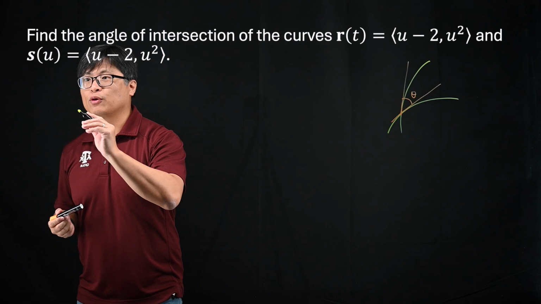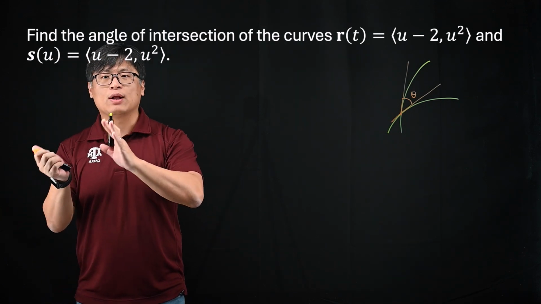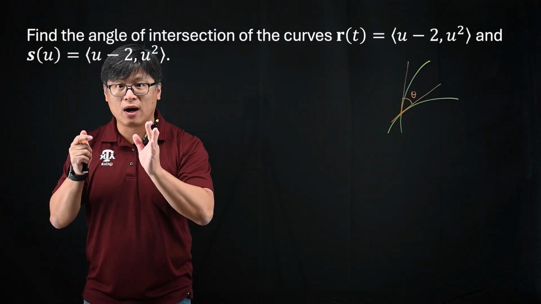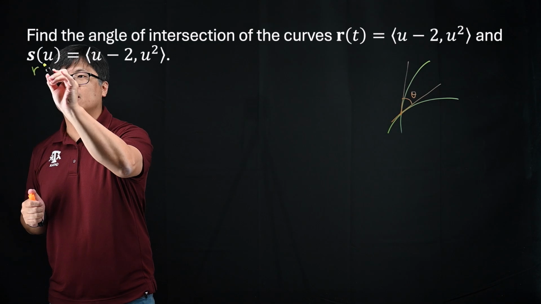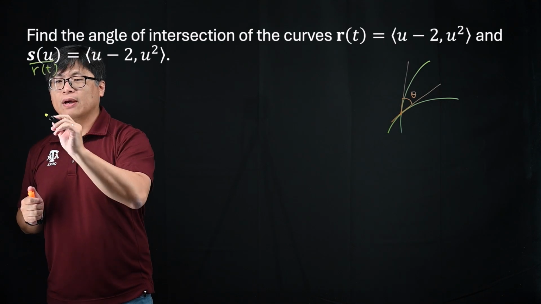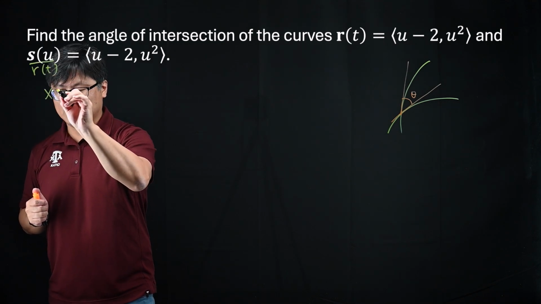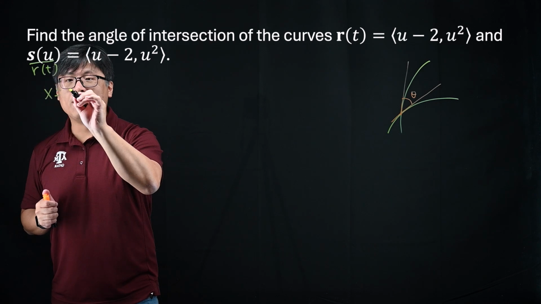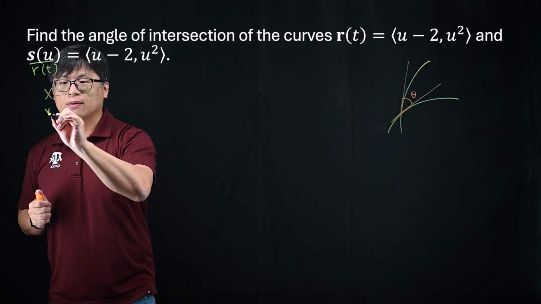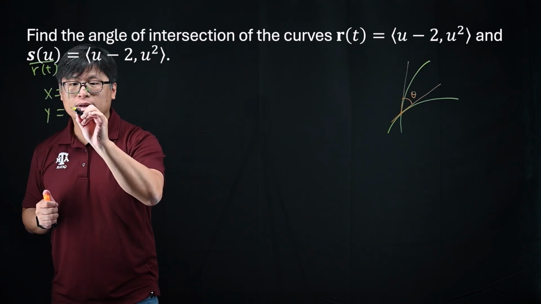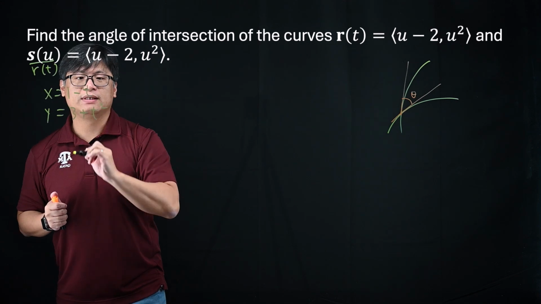So what is the intersection point? Let me write down the x and y components of your curve first. For curve R, your x component is 1 minus t, and y component is 3 plus t squared, okay?